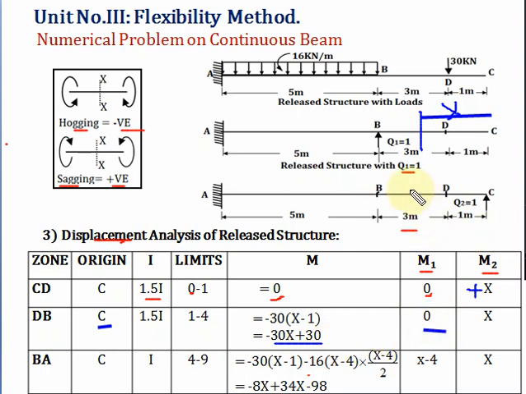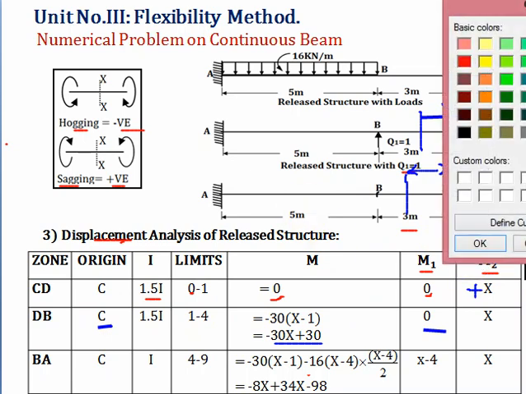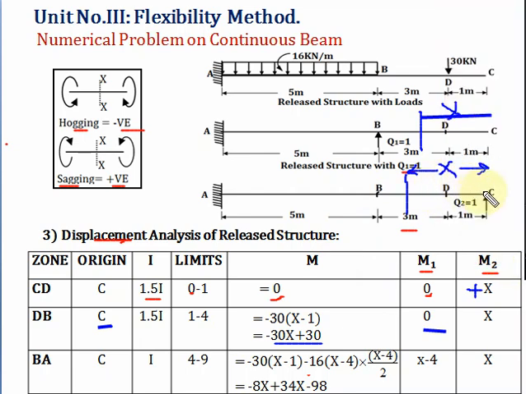Now we'll consider the section x in portion BD, and we'll measure x from the origin. Here the origin is C. Now there will be a bending moment here. This force will act like this, so on the right hand side the nature of bending moment will be sagging.